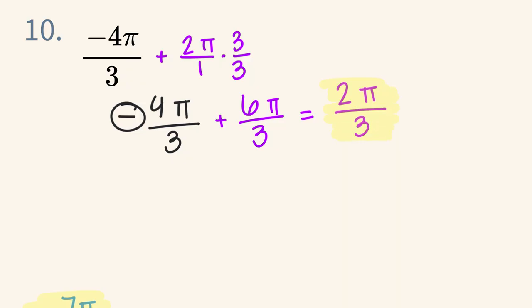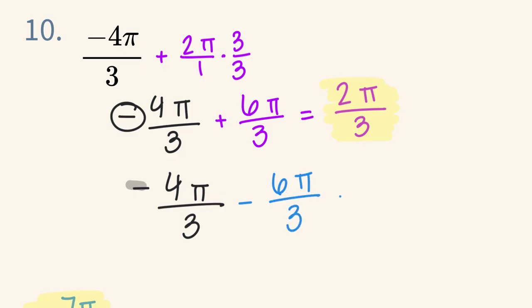Now I'm going to find that negative. I'm going to have negative 4 pi over 3, and now I'm going to subtract. Since you already changed the top one, I can just write it as 6 pi over 3, instead of writing it as 2 pi over 1 and then multiplying by 3. If I solve this correctly, it's going to be negative 10 pi over 3.